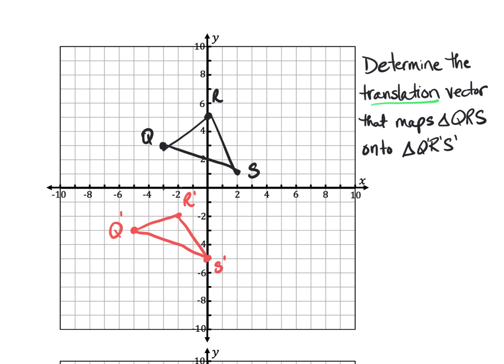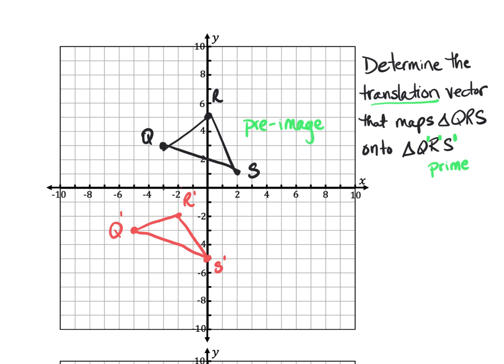in comparison to the second triangle, which we call Q prime, R prime, S prime, and the prime are these little apostrophes. Okay, we call those prime. The original image that we start with is what we call the pre-image.